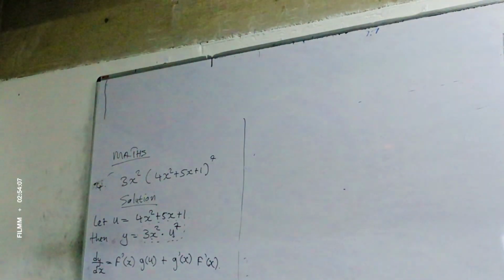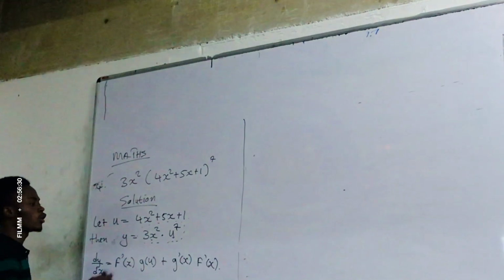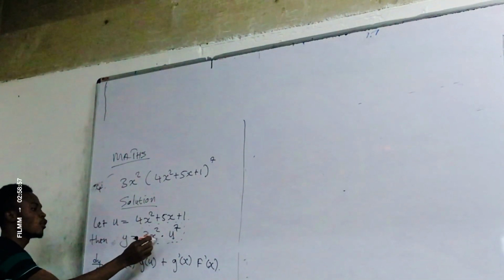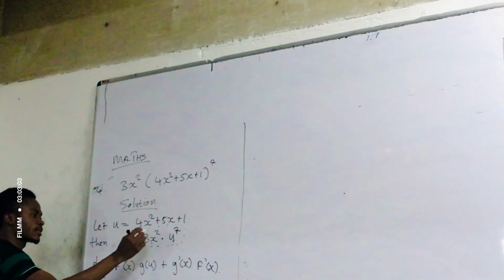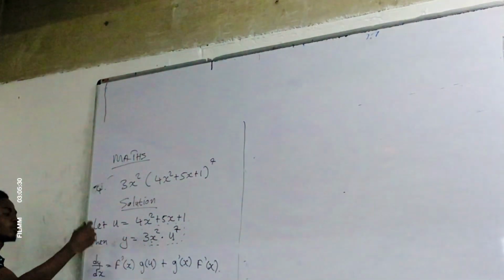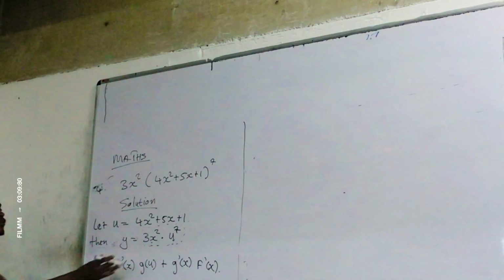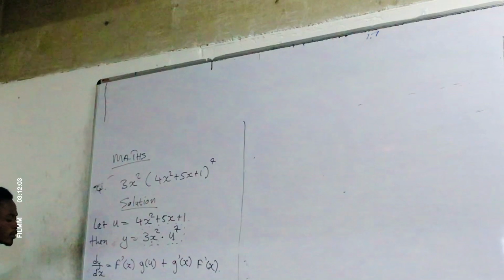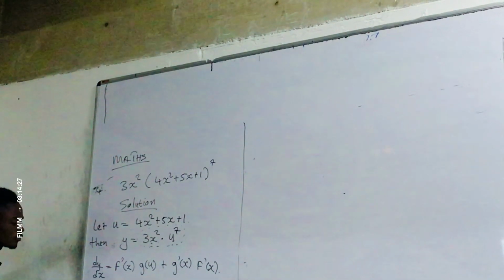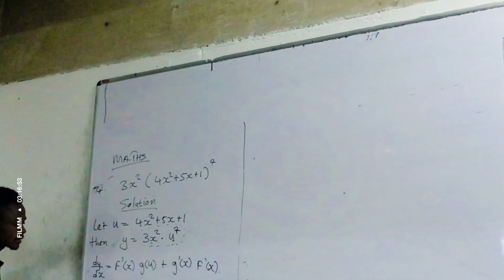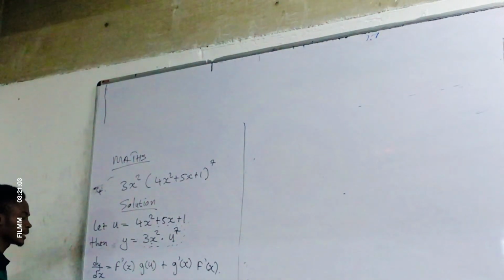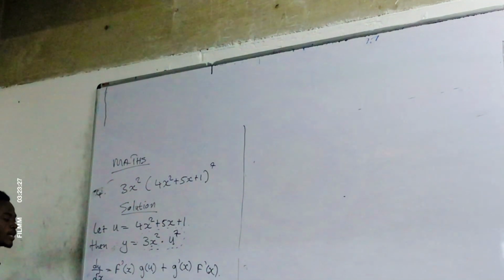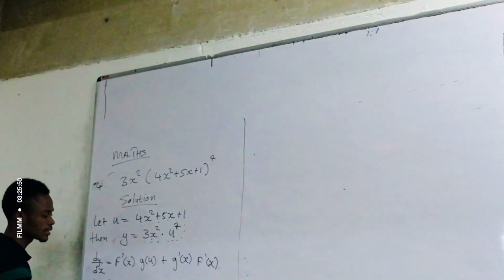So what you do now is find the derivative of this. By the way, you can write 3x squared like that. The derivative of that is 6x.